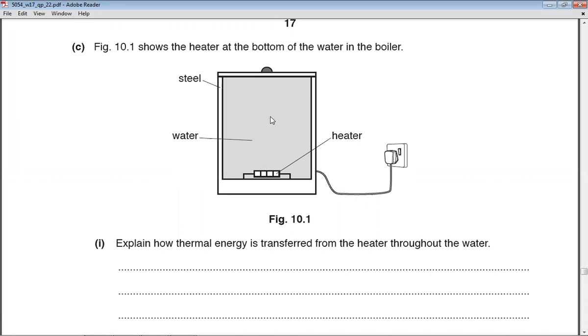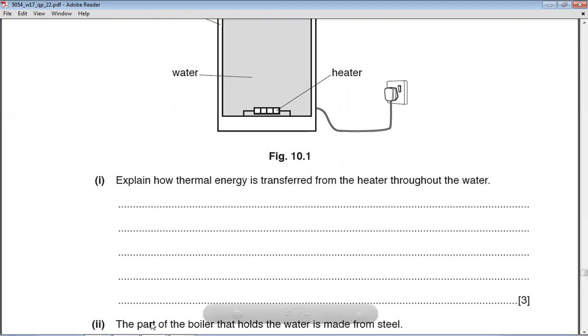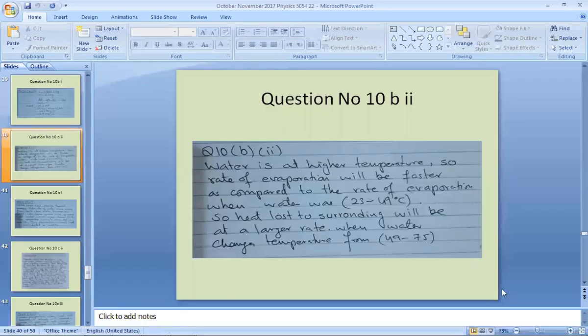So the hot water, which is less dense, is going upward from here, and the cold water, which is more dense, will be sinking down. And that will set up convection currents. So by the help of those convection currents, the heat will be distributed throughout the body of the water. It's a 3-mark question. Let me show you my answer.